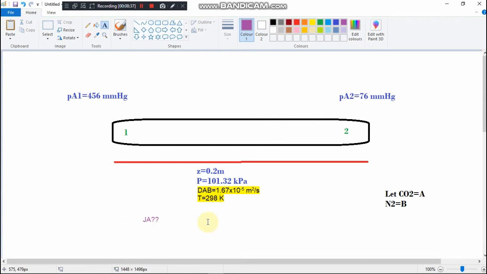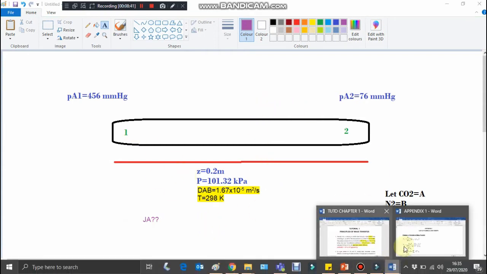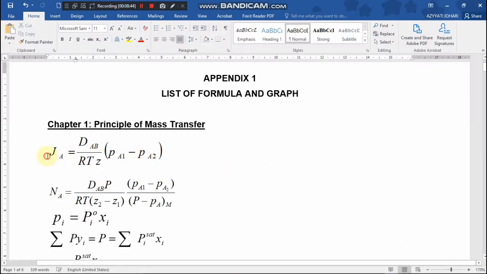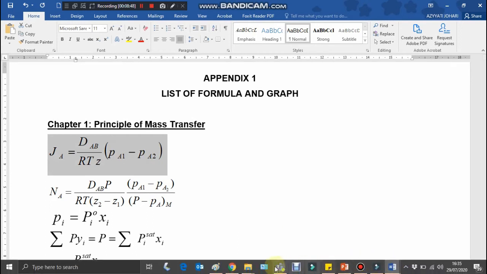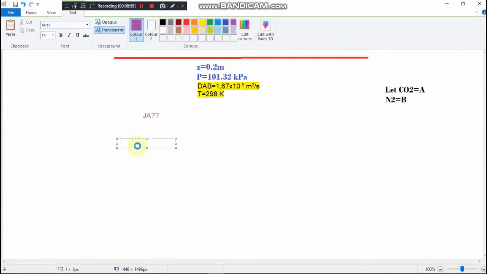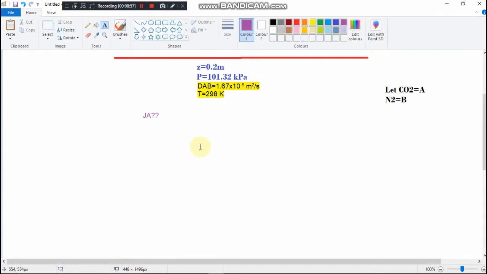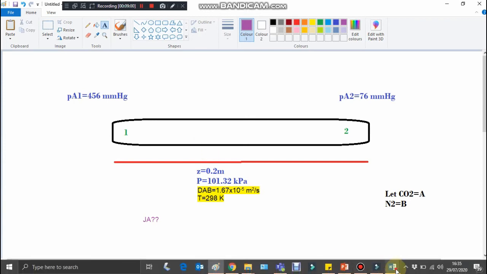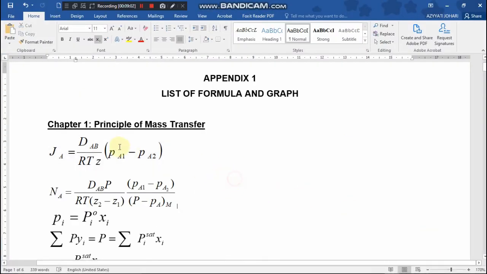So this is all of the information given from the question, and we notice that the equation you need to pick in the appendix is this equation to calculate flux.